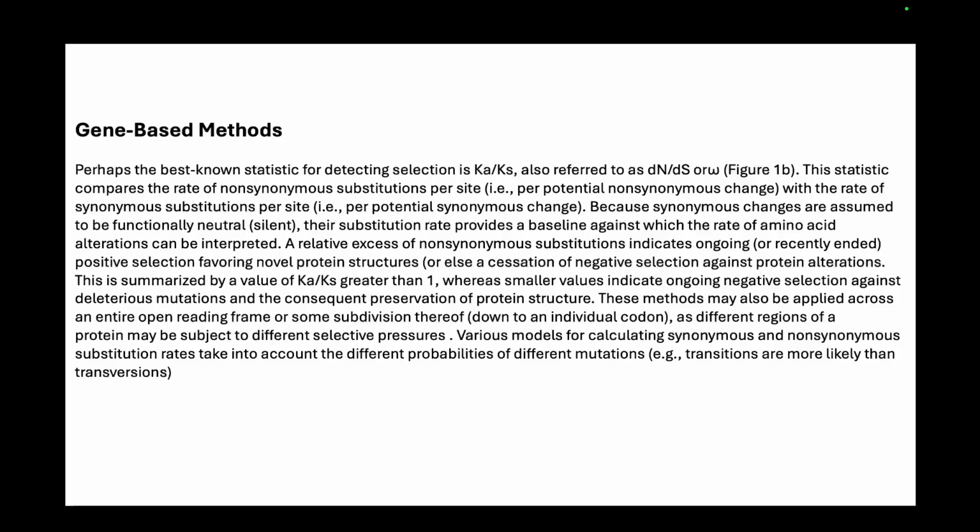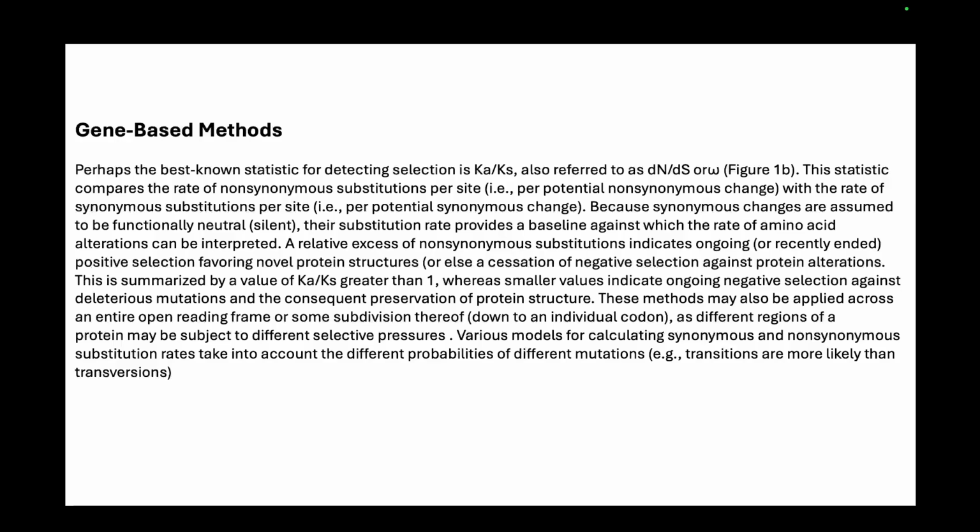Those mutations are still there; they have not been selected out, right? So if it is greater than one, it is acting as positive selection. If it is less than one, smaller values indicate ongoing negative selection against deleterious mutations and consequent preservation of protein structure.